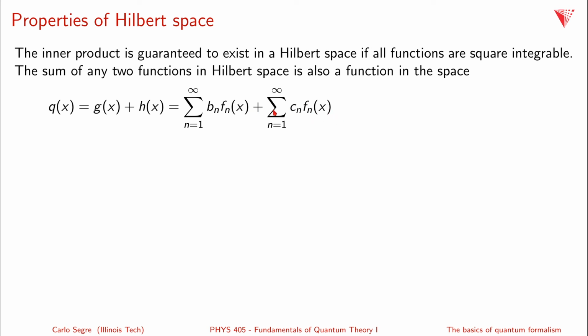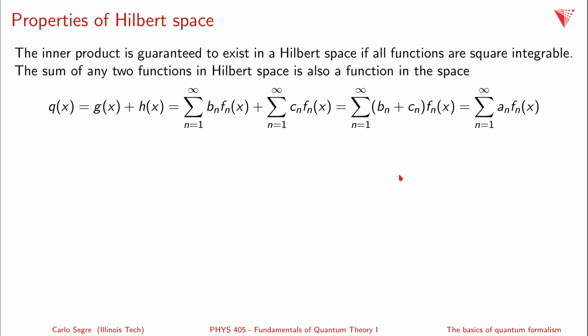Well, if you look at this, because of the properties of these vectors and the fact that these are scalars, I can rearrange those sums and get just a single sum. So I can get a single sum from n equals 1 to infinity of b sub n plus c sub n, which are constants, times f sub n of x. But these two constants summed together are simply another constant, and they must be the constants that define q.